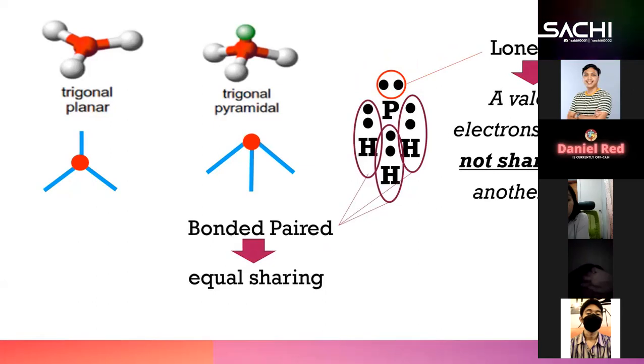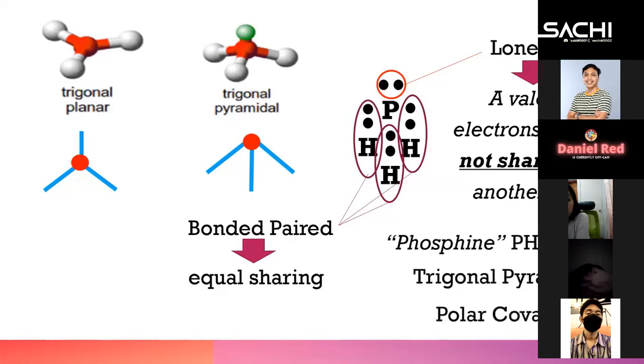Therefore, this lone pair makes this chemical molecule a polar covalent. Remember that polar covalent is an equal sharing. So once again, phosphine or PH3 is a trigonal pyramidal at the same time polar covalent.